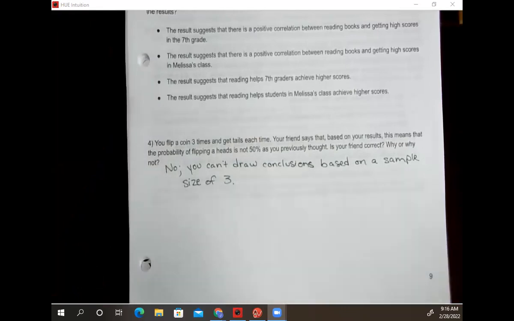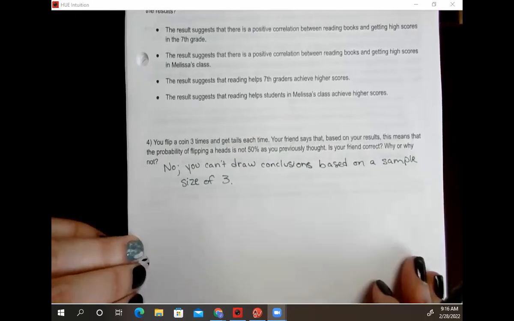Maybe it skews it one way or the other, but based on 3 flips, I can't say that. And based on 3 flips, I don't even have the option to get 50-50, right? So 3 flips, at the most even it could be would be 1 to 2. So I didn't even put myself in a position where I could get 50-50. Questions for me so far?